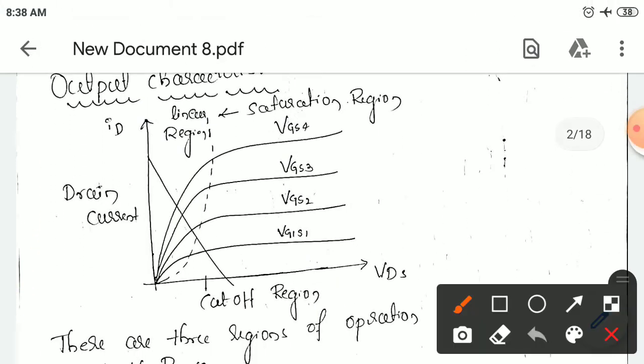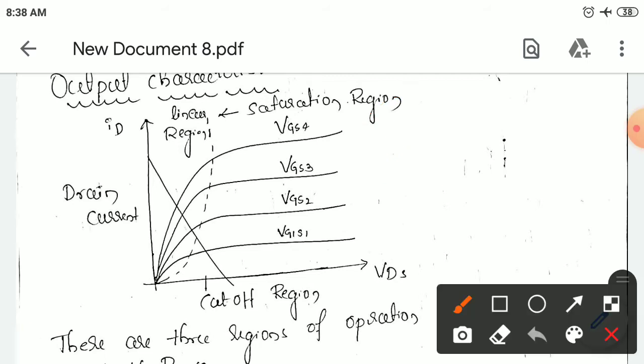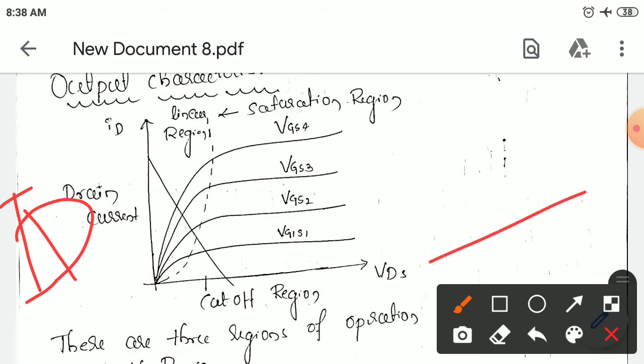VGS1, VGS2, VGS3, VGS4 are the different gate voltages we applied to plot the output characteristics. This is the drain current ID, and this is the drain source voltage VDS. These are the graphical representations for different gate source voltages.